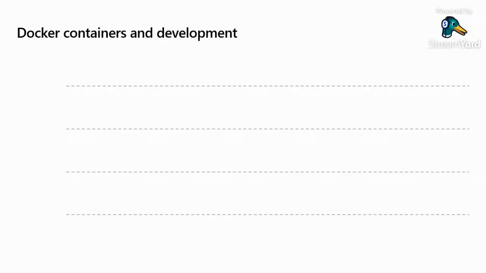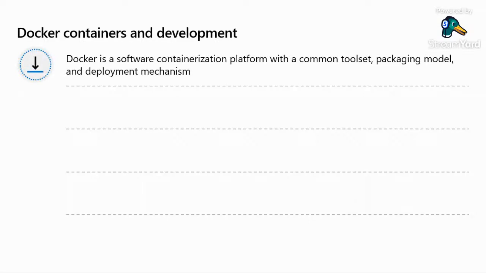So now, talking about Docker containers and development. As we were discussing about the container engine, there are multiple container engines or container runtimes available. Kubernetes was the one which was using Docker as its container runtime, but now that has been deprecated.